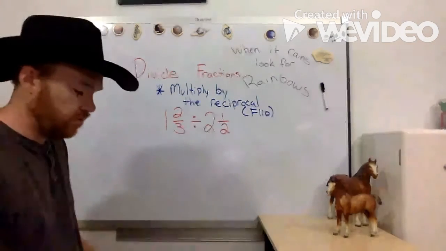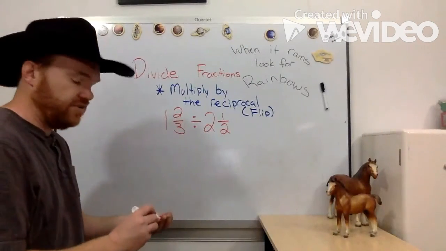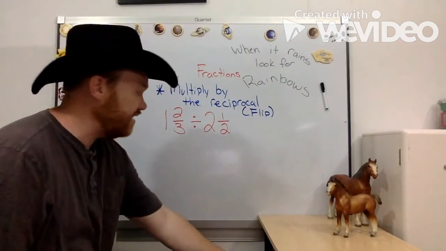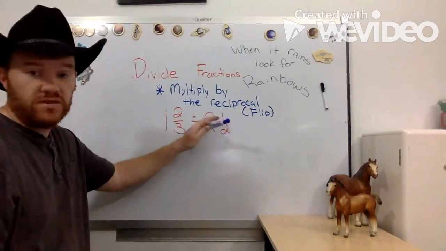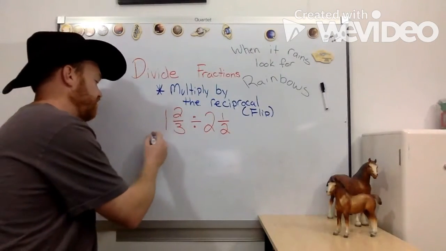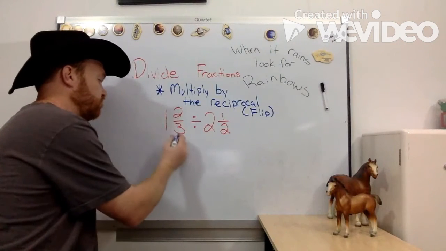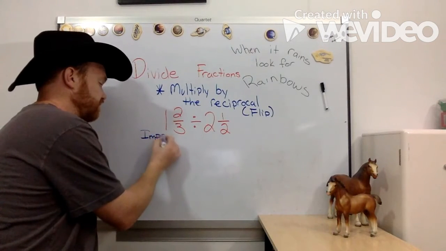All right, so let's go ahead and finish this off. What I have to do first, because I can't flip a mixed number, I can't flip the whole number and the fraction, is convert to improper. That's the first step in this process.